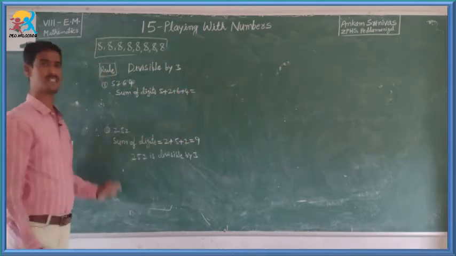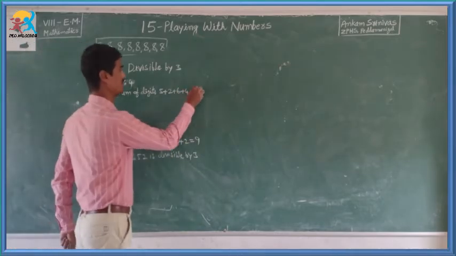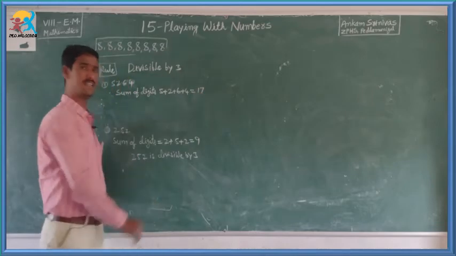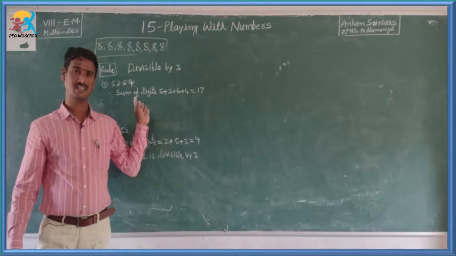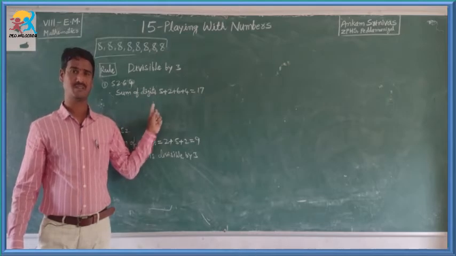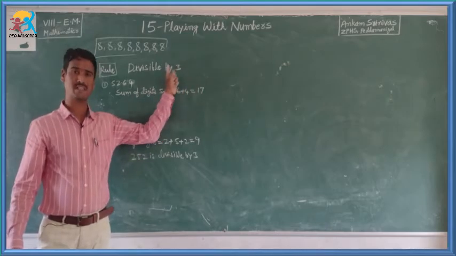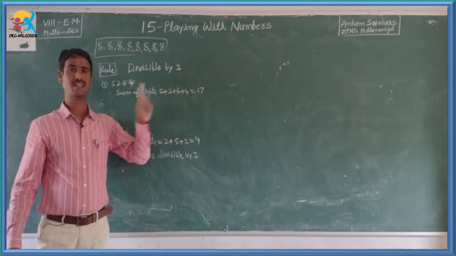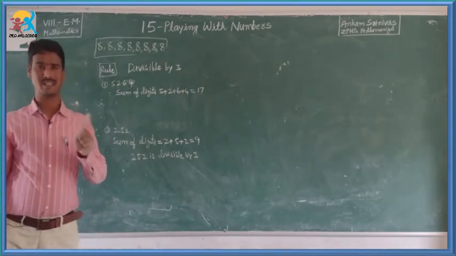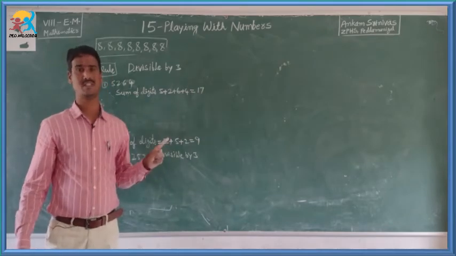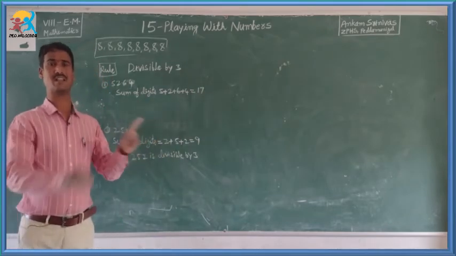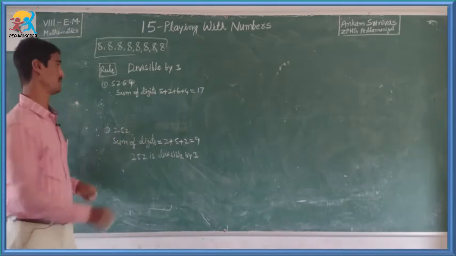What is the sum of digits? It is 17. Is 17 a multiple of 3? No. Is 17 divisible by 3? No, because 3 5s are 15, 3 6s are 18. 17 never comes in the 3 table. So the given number is not divisible by 3.